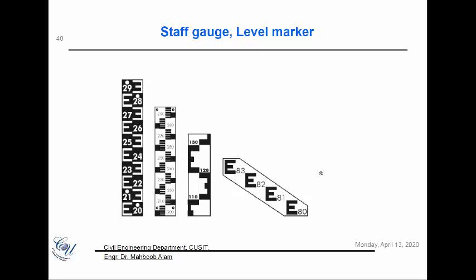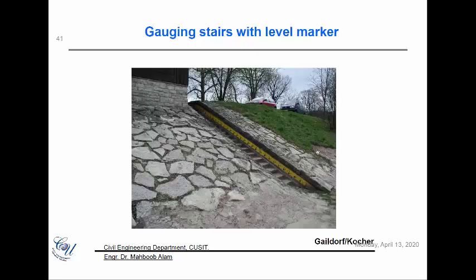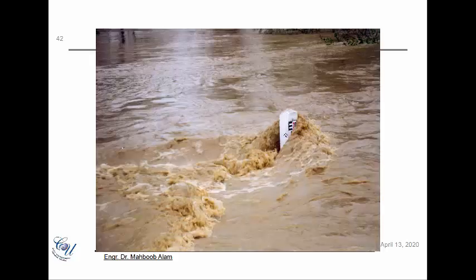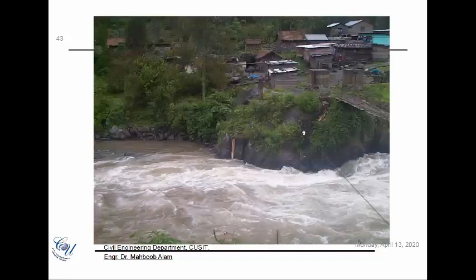We read the values of depth from these gauges, and then we go back to our rating curve and calculate or measure the discharge. For example, these are a few figures where certain gauges are being installed along the banks of the river. Then, if you do not have very defined banks, you can have structures which are erected in the river stream and which contain the gauges, and we can read the values there.